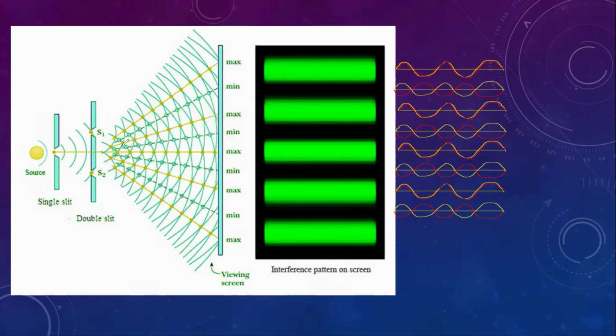But Young observed that whenever you keep two sources at a distance of millimeters, and place a screen at a distance of meters, and take coherent sources with the same amplitude, same frequency and same wavelength, then you can observe an alternate pattern of bright, dark, bright, dark.